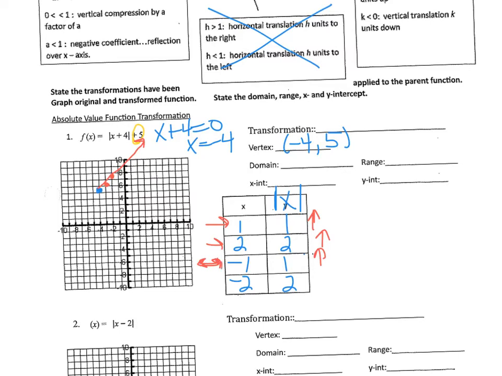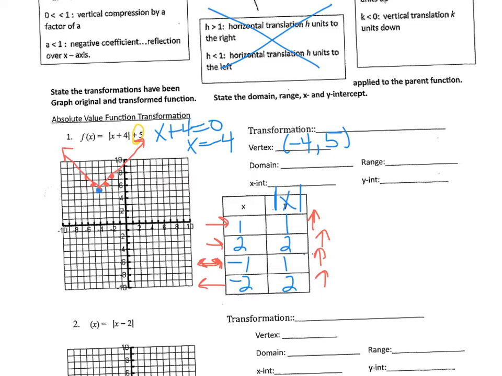So left 1 and up 1 would be there, and then left 2 and up 2 from the vertex would be there. If I graph that, I would get those straight lines. So there we have our V.